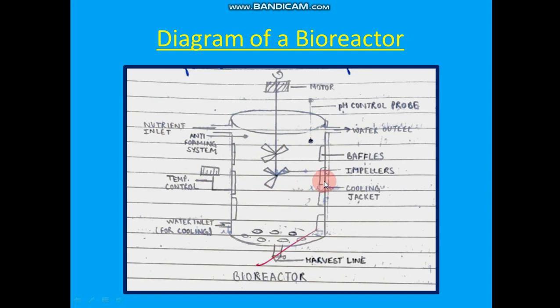So this whole jacket, this whole bioreactor is made up of two layers, and in between there is a space for the water movement. Just like your mothers must be doing at home to cool down something, they put it in a double container and put the container into the water. A container has water in it, and if milk has to be cooled down, you take a container with milk and keep it inside the water in another container.